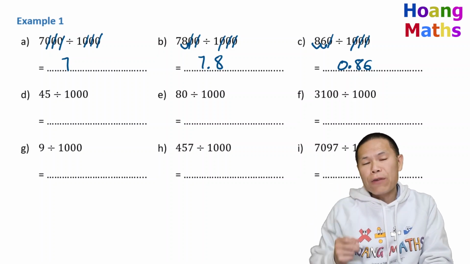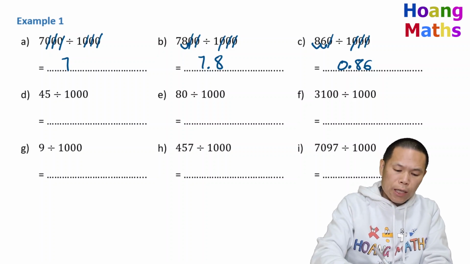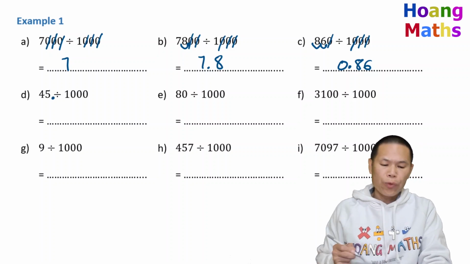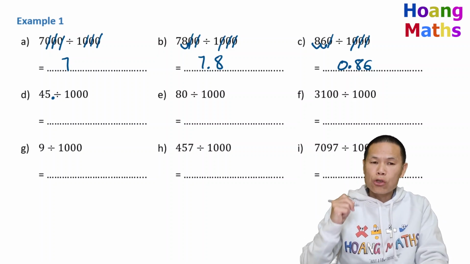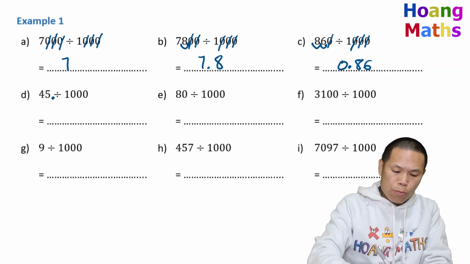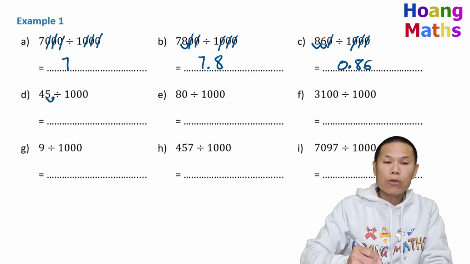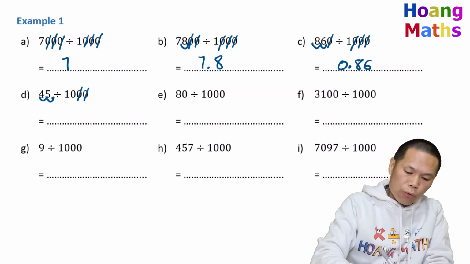Now with 45 divided by 1,000. So there is no decimal point. Remember, the decimal point is right at the back of 5. So when we divide by 1,000, the answer should be smaller than 45. So what we do, we move this decimal point 1 unit to the left. We cancel this. We move 1 more time. We cancel this. Then we put a 0 in front here.